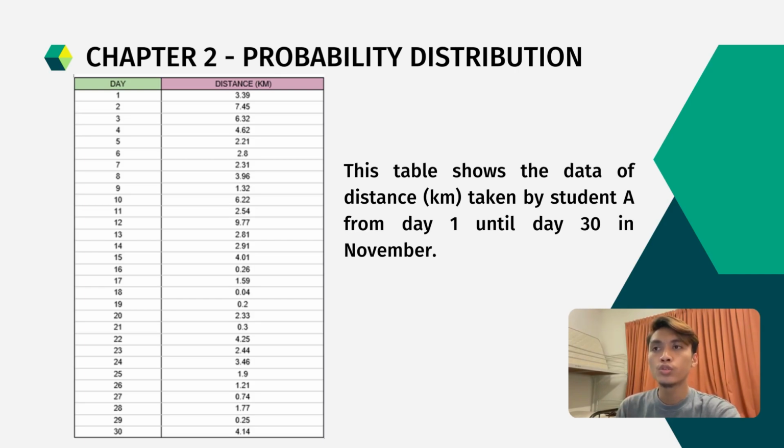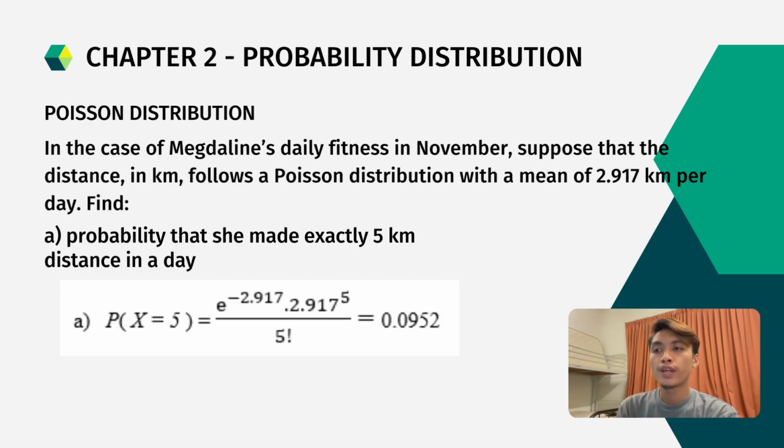So for chapter 2, the probability distribution. So I'm going through the Poisson distribution for this topic. This table shows the data of distance, so it is required to find the probability that she met exactly 5 km distance in a day.